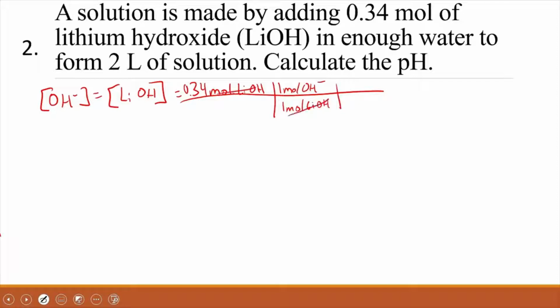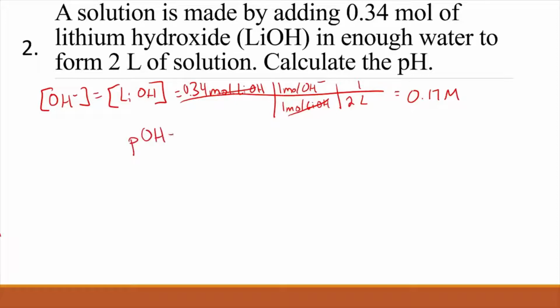Moles LiOH cancel. And then that is dissolved in 2 liters of solution, so that means we have to divide it by 2 liters. And so from that we get 0.17 molar for our concentration of hydroxide. So now you have hydroxide, you can either use hydroxide times hydronium equals 1 times 10 to the negative 14th, or you do what I do, which is I calculate pOH, and then I use that to calculate pH. It doesn't matter how you do it.